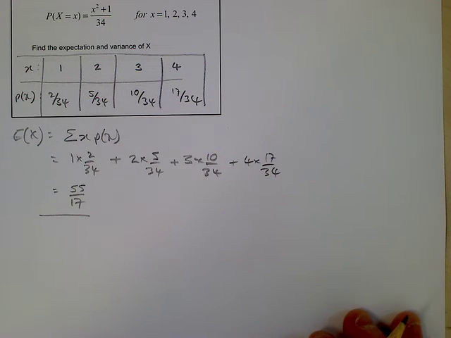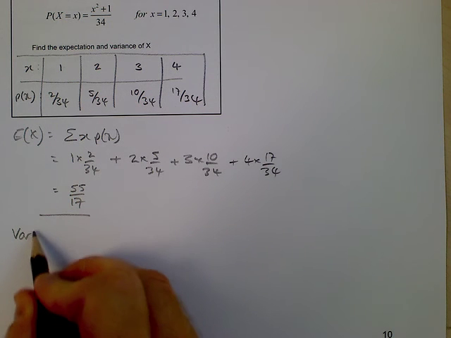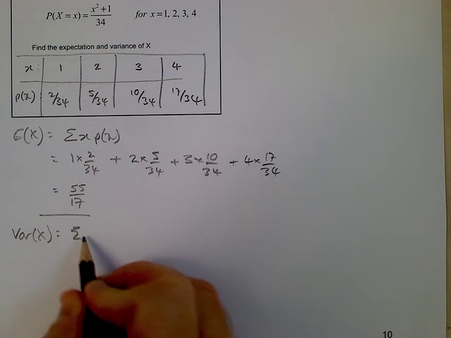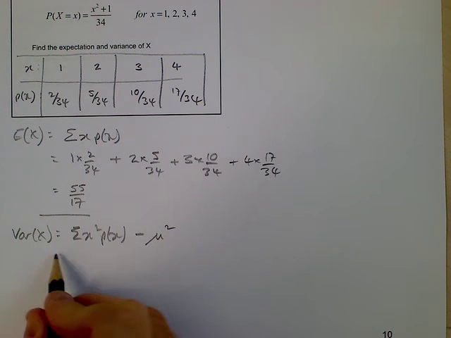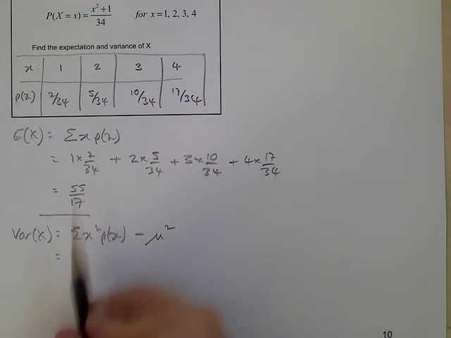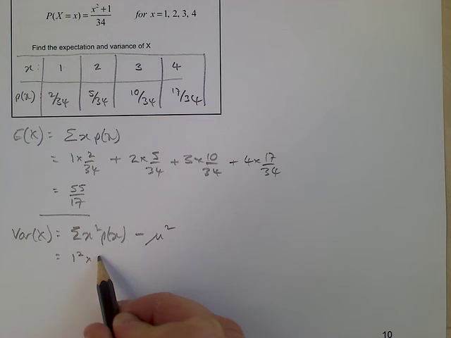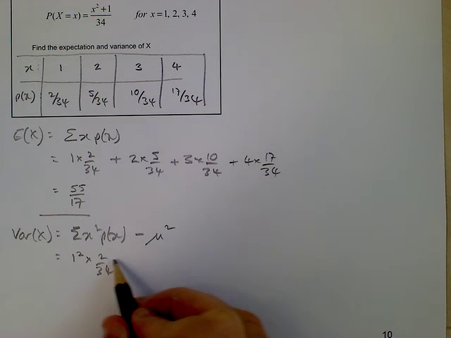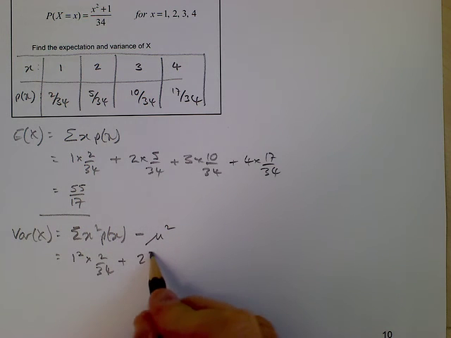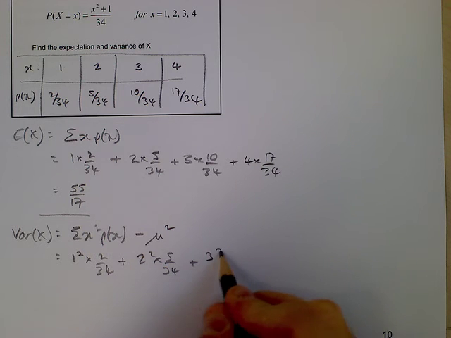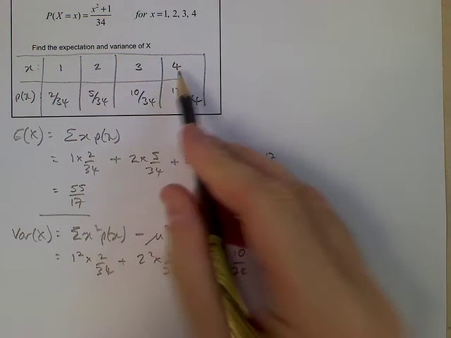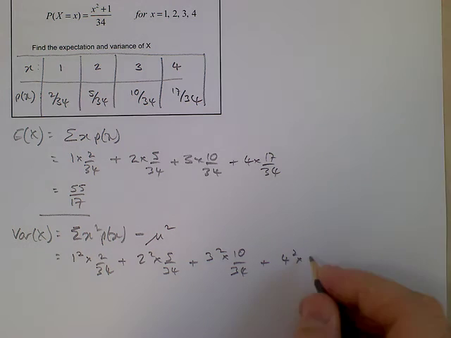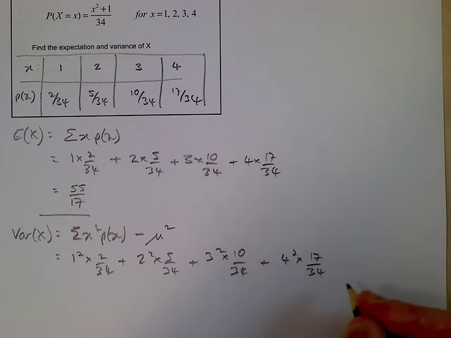For the variance, again, a case of applying the formula. This time it's the sum of x squared times the probability of x, and subtract the mean squared. So I'm going to have x squared, so it's 1 squared times 2/34 plus 2 squared times 5/34 plus 3 squared times 10 over 34 plus 4 squared times 17 over 34.